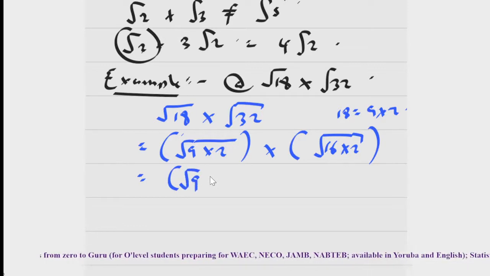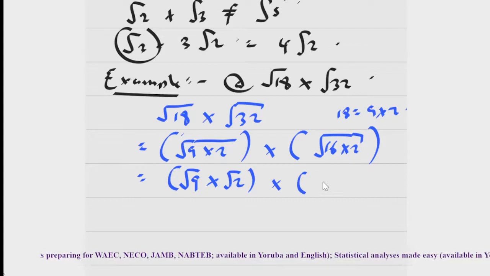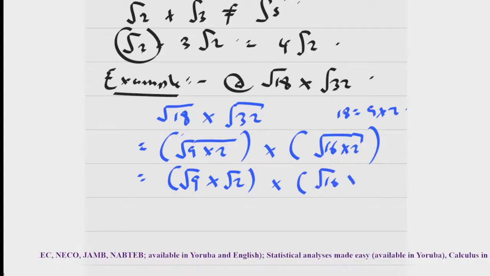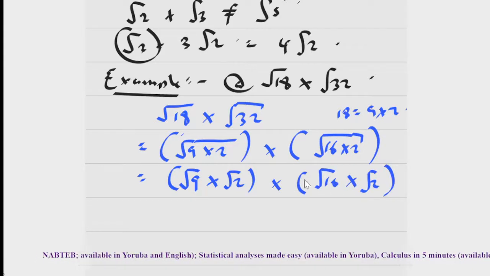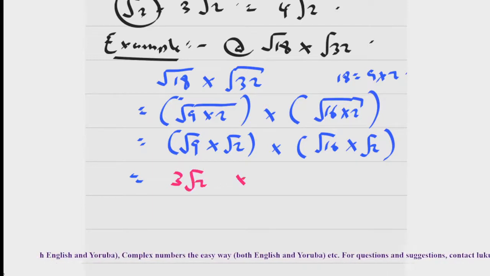That's going to give you root 9 multiplied by root 2 multiplied by root 16 multiplied by root 2. Don't forget, the square root of 9 will give me 3, right? Then I'm going to have 3 root 2 multiplied by root 16, which is 4, right?